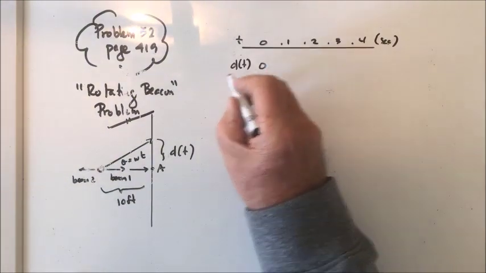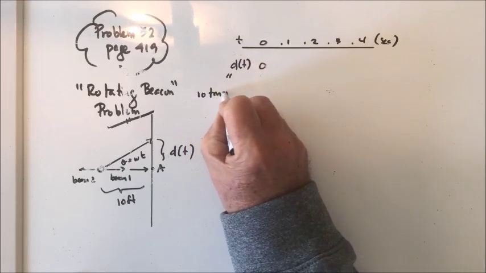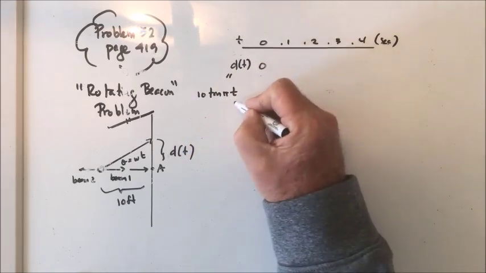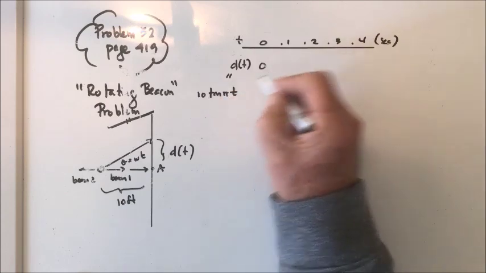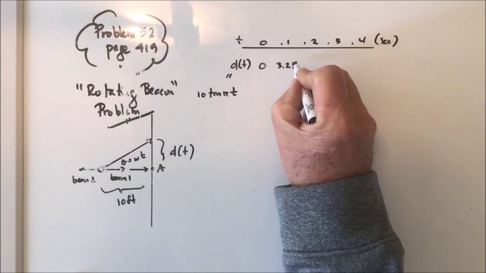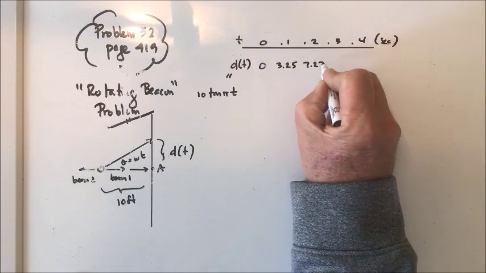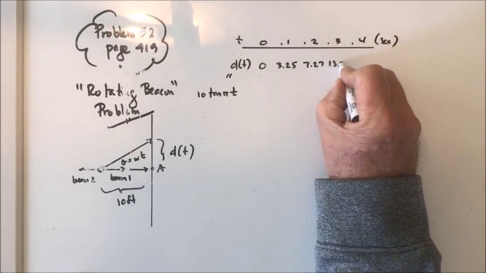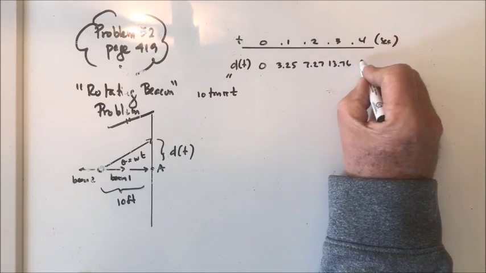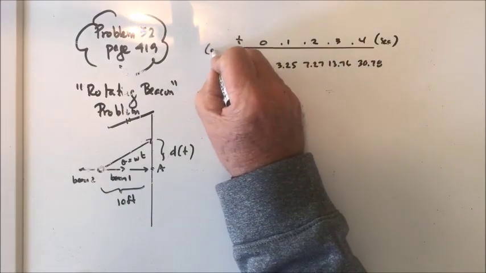At point 1, remember d of t is just 10 tangent pi t. So all I'm doing is putting point 1 in for t and calculating this trigonometric form, and I get 3.25, and I get 7.27, and I get 13.76, and I get 30.78. And this was part C.